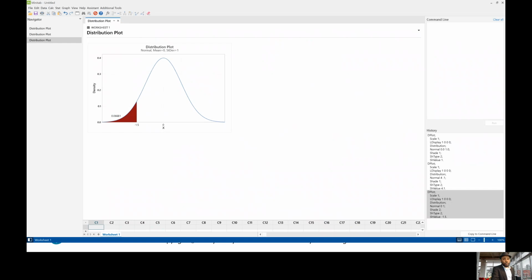Now, whichever tool comes easier to you is what I recommend. Some students find it faster looking at the table, and some find it faster using a tool like Minitab. So whichever one is comfortable for you, that you feel okay with, is what you use for your assessment. Other than that, I hope you now have a better understanding of how to compute the probabilities from the normal distribution.